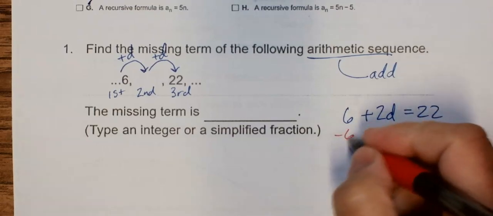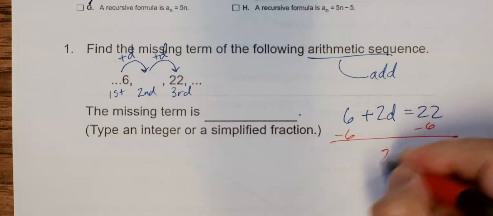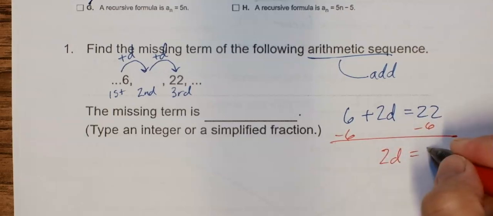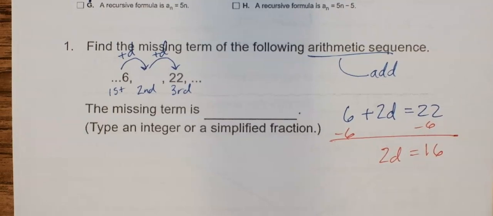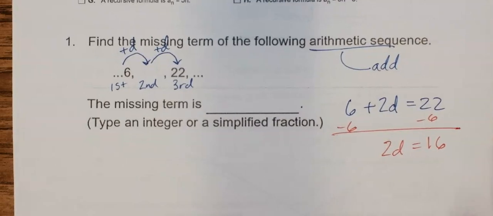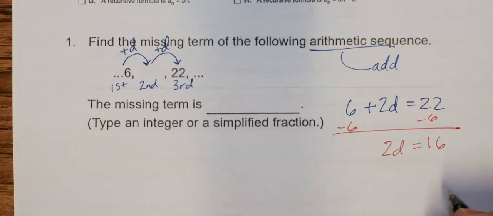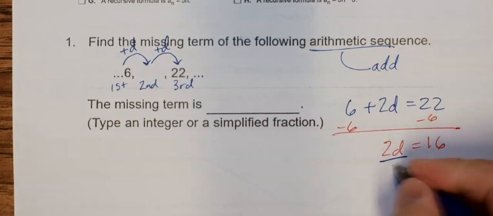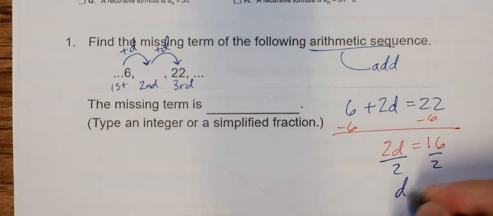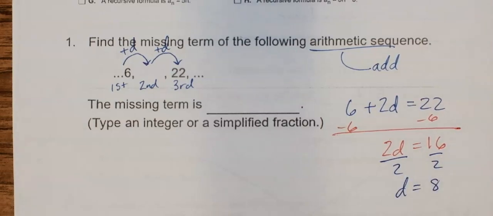So hopefully you would subtract 6, get 2D equals 16. Alonzo Rango, what would be my next move? Divide by 2. Excellent. So now we know that the common difference is 8.